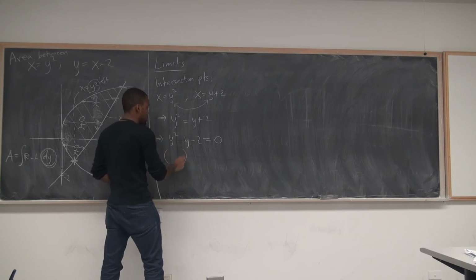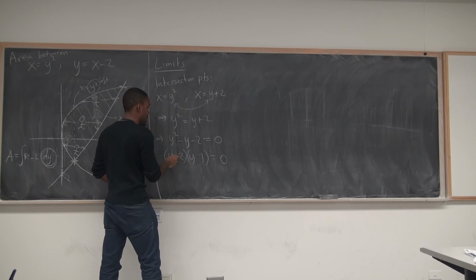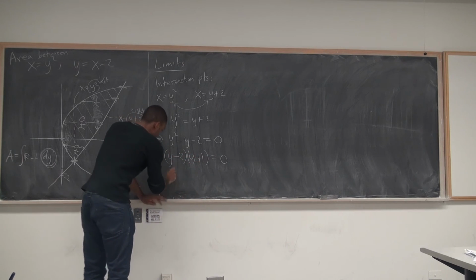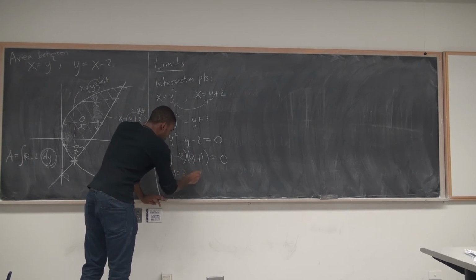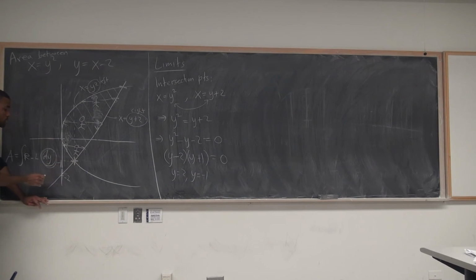Factor this: y minus 2 times y plus 1. So y equals 2, y equals minus 1. So I know the limit down here is minus 1, and the limit up here is 2 on the y-axis.